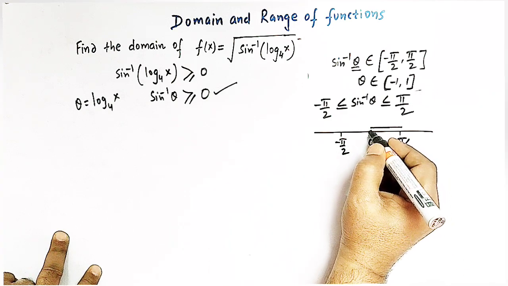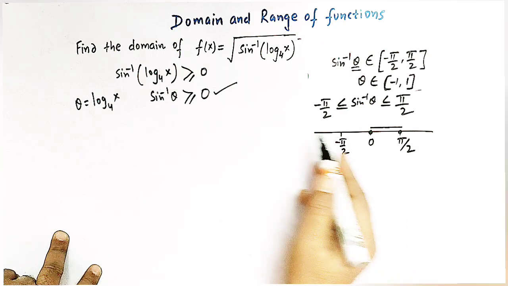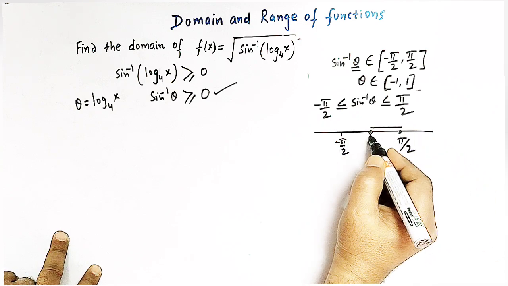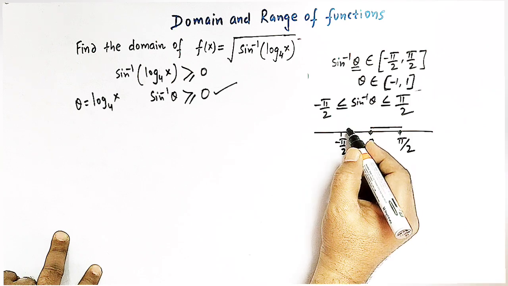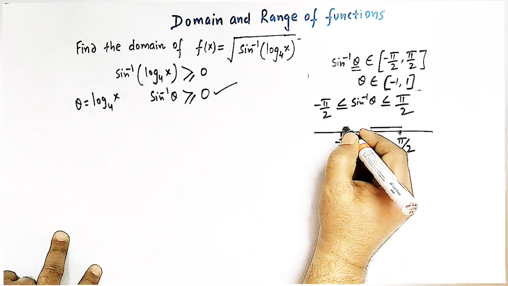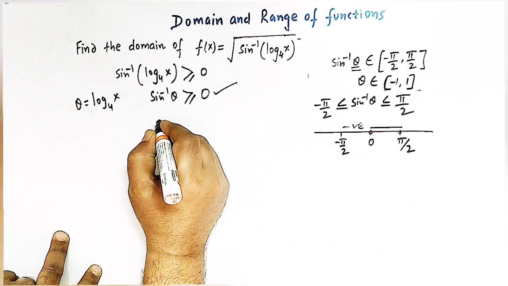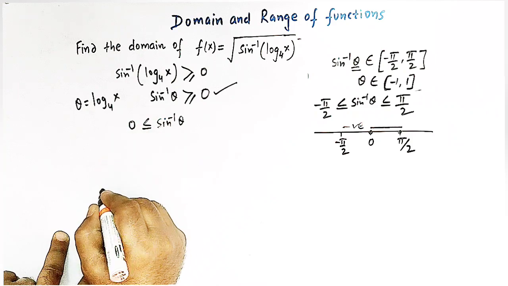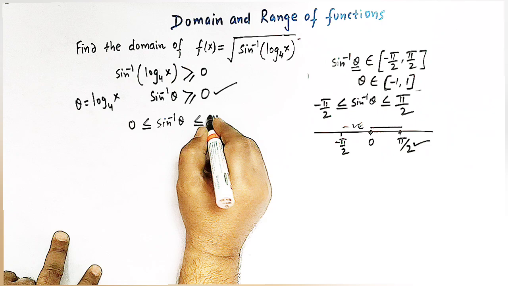Here 0 is included, and pi by 2 is also included, because sine inverse theta cannot go beyond pi by 2. And sine inverse theta cannot lie in the other interval, because there we have all negative numbers. So now we can write sine inverse theta greater than or equal to 0, but less than or equal to pi by 2.